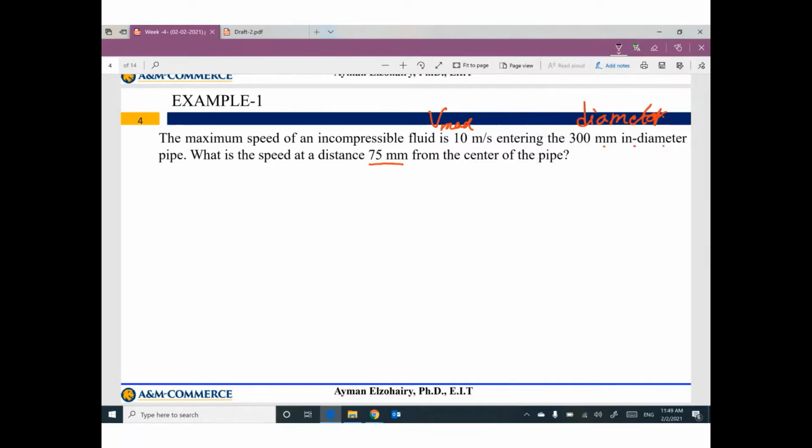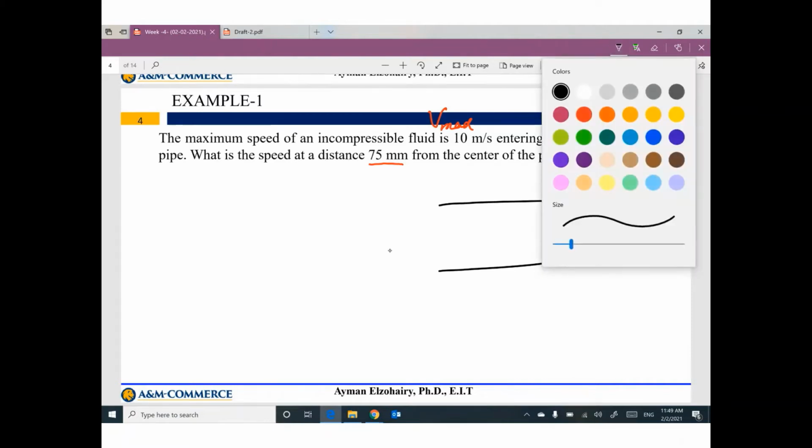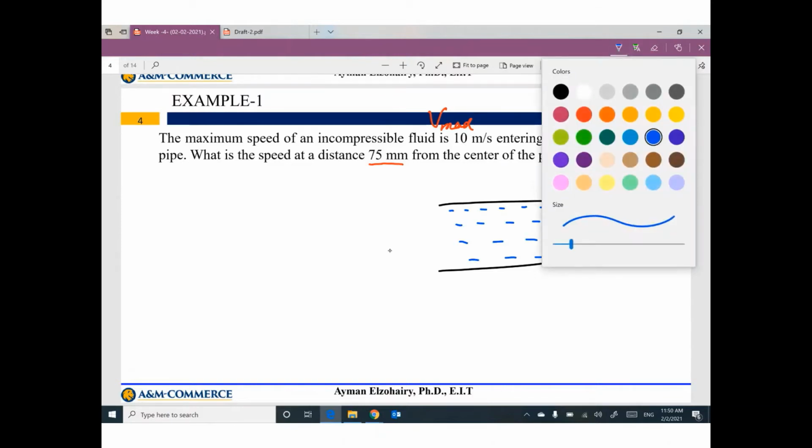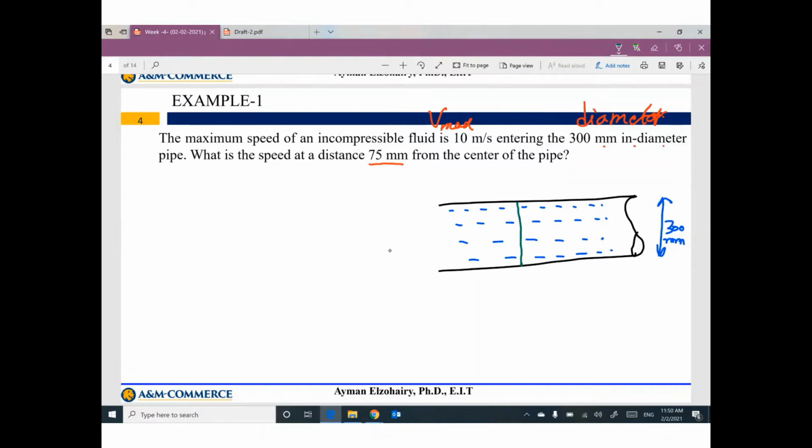One more time, we have a pipe. This pipe has a diameter equal to 300 millimeter. In this pipe, we have flow of water. The actual distribution of velocity looks like a parabola.